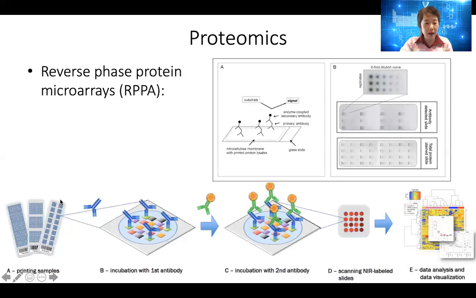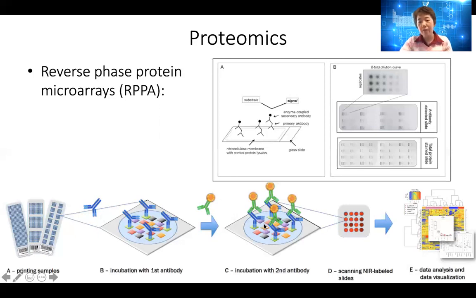You can imagine for similar slides, you can either wash them off and test another antibody, or you can take different tumor slides and try a different primary, like first, antibody. The first antibody detects the target you are interested in. The second antibody only helps you detect how much of the first antibody is on the array.